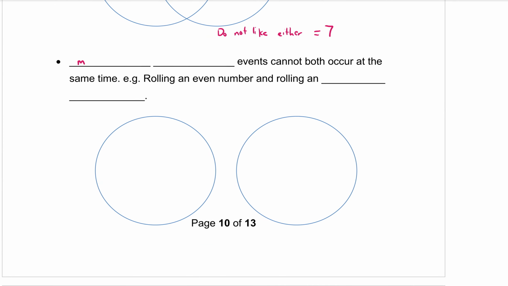Mutually exclusive events, so write that in here. Mutually exclusive events cannot both occur at the same time. So for example, rolling an even number and rolling an odd number on a dice.